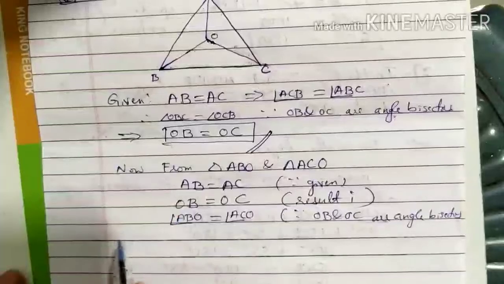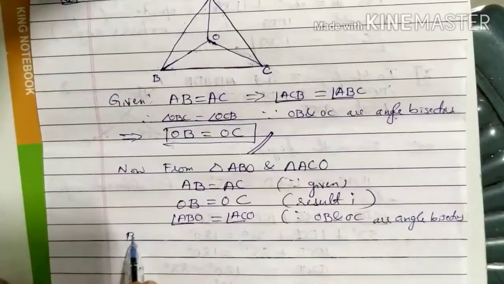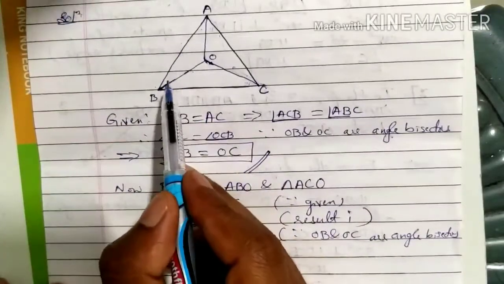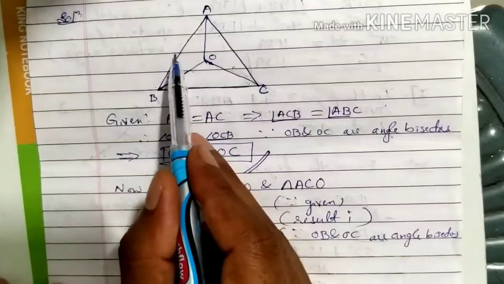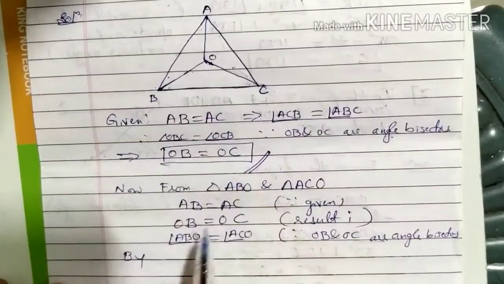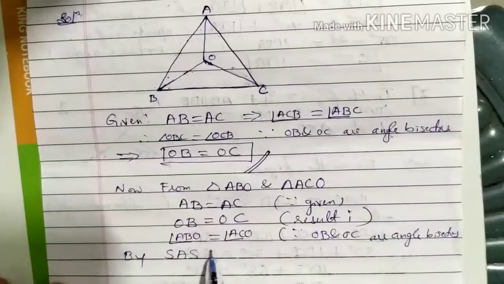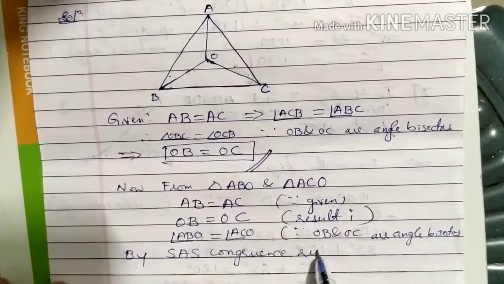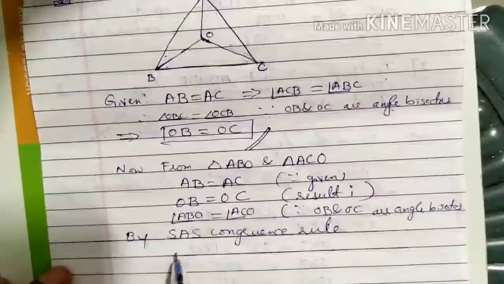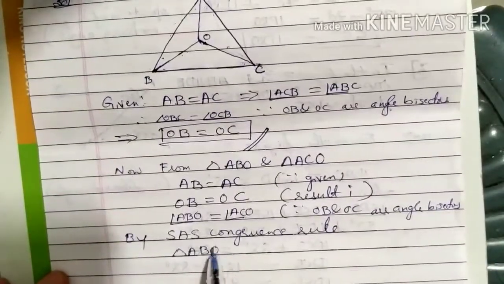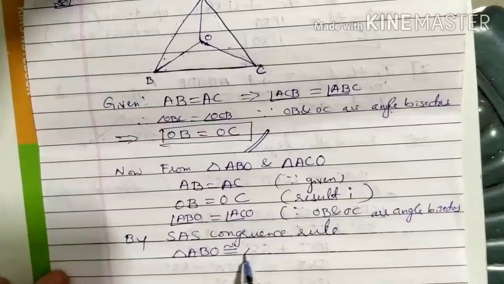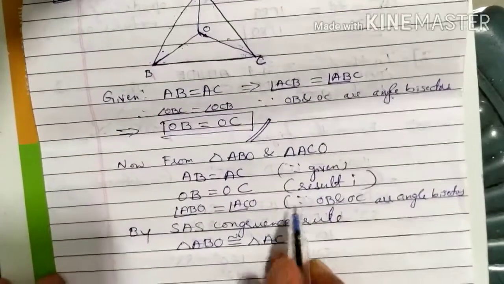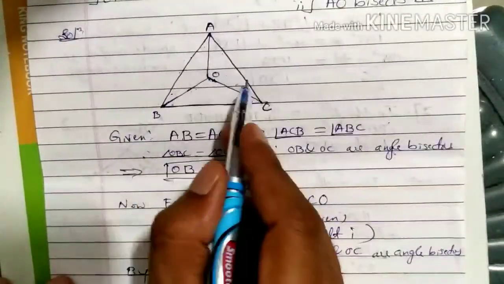Therefore, by side, angle, side, two sides and the included angle, by the SAS congruence rule, triangle ABO is congruent to triangle ACO.